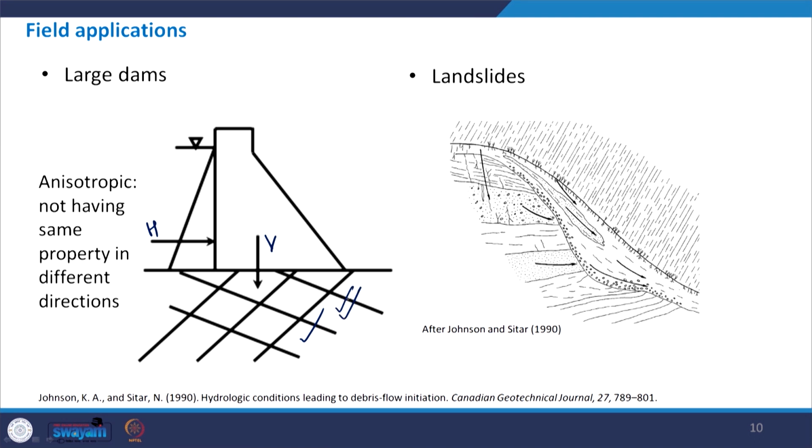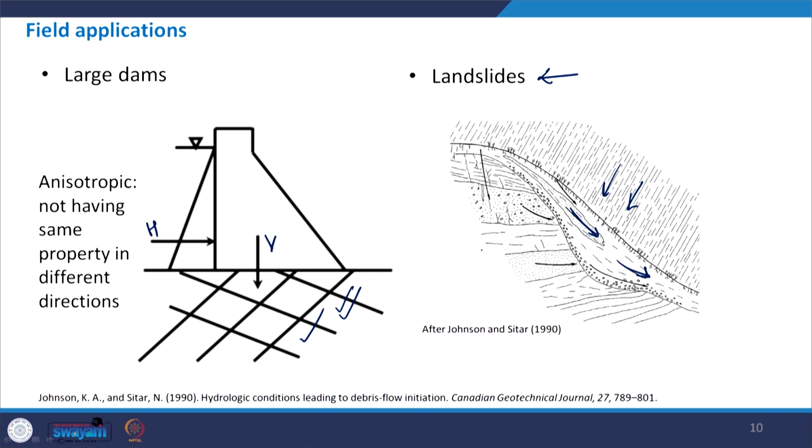Then you come across various landslides. There is rainfall, and then it triggers the sliding of this material in this particular direction. Here you may have a soil bed or a rock bed.